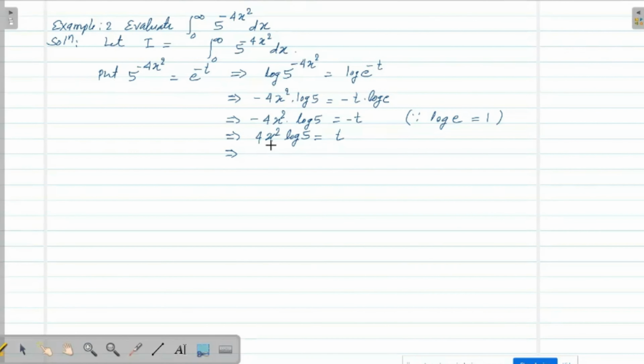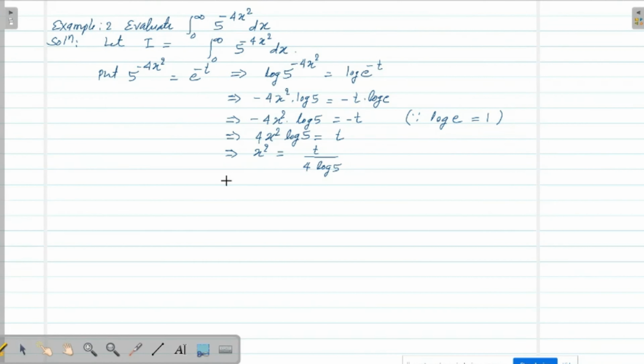We want only x, so just shifting all this to the other side, we have x square equal to t by 4 log 5.